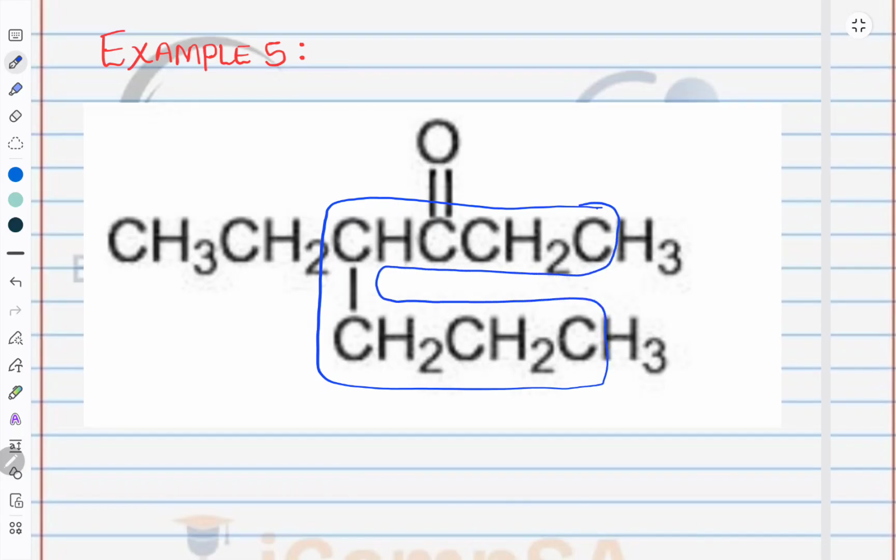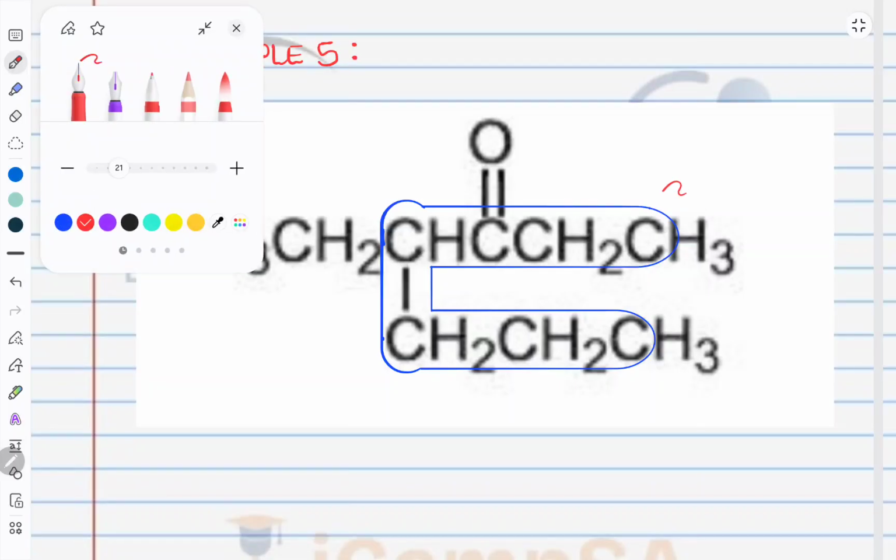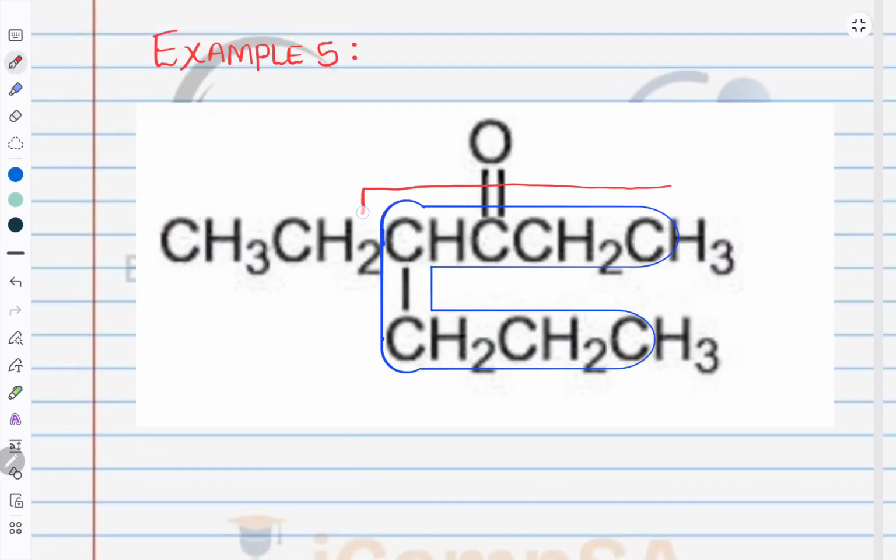That's our main chain. Okay, so let's say we number from right to left. Obviously we'll be moving like this. If we number from right to left, we'll go there, down, and then that side again. We'll just do it like that, but think of it as numbering from right to left.